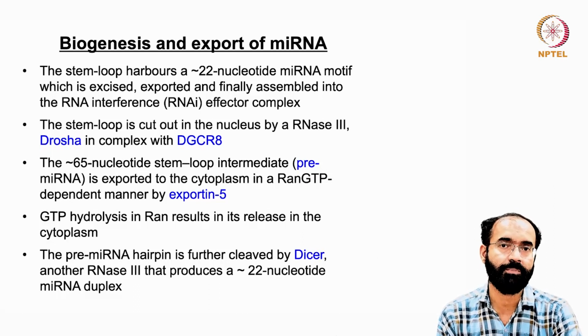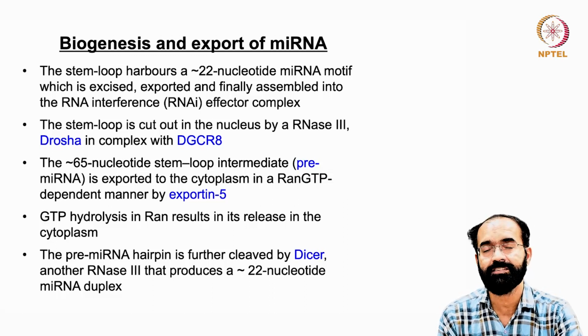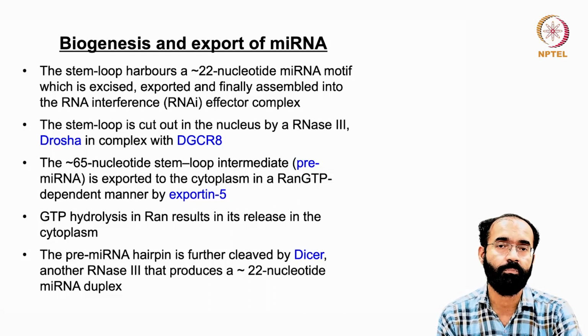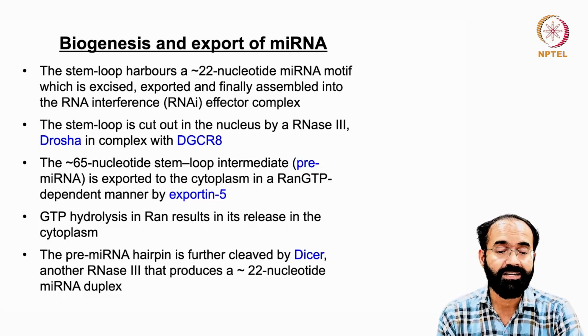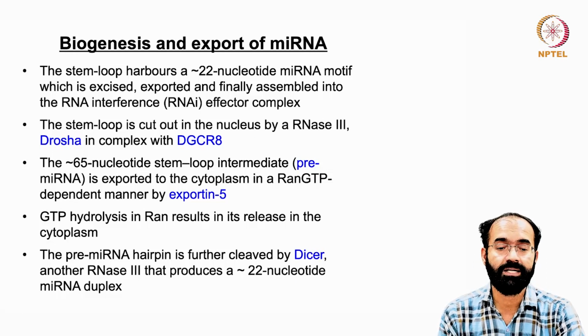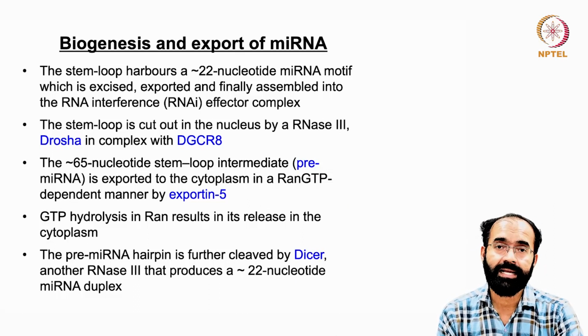That is why it is able to form a stem in the first place. The loop region doesn't have any pairing. The stem region has complementary sequence. It has around a 22 nucleotide long microRNA motif which is excised and exported and finally assembled into the RNA interference effector complex. We call it the RNA induced silencing complex, or RISC.